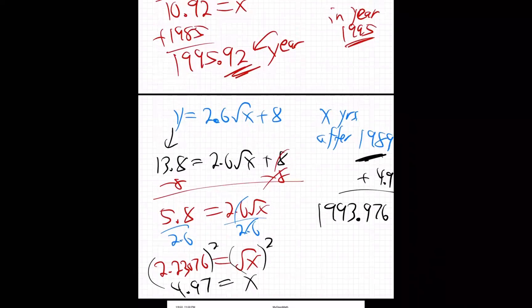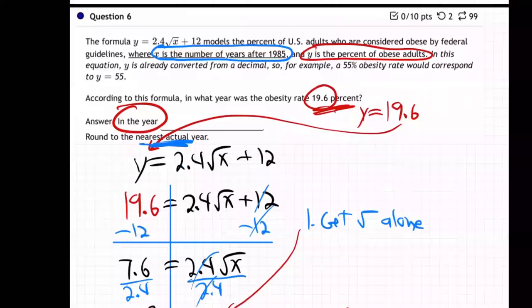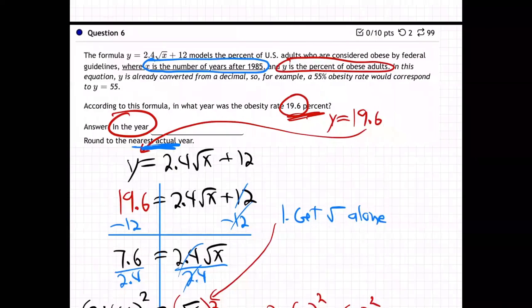1993.976. And you're saying you put in the year 1994 and they took it, and it said, wow, okay. Oh, okay. So thank you for that correction then. So I guess I should pay attention to these words: nearest actual year. They're being kind of contradictory because they said in the year, but that's all right.